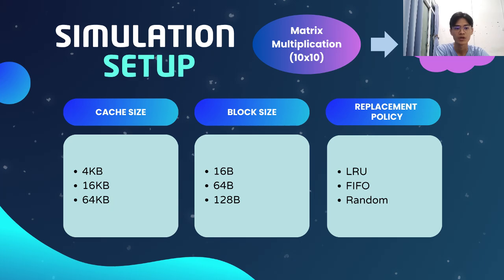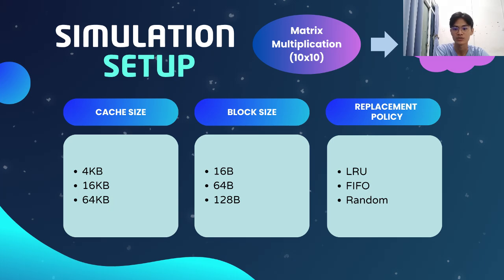Simulation setup. Our simulation workload was a 10 by 10 matrix multiplication task, which is memory intensive and involves a lot of repeated access to the same data. This generated about 400 memory accesses per run, which was perfect for testing how well the cache handles repetitive patterns. Here's the setup that we use.